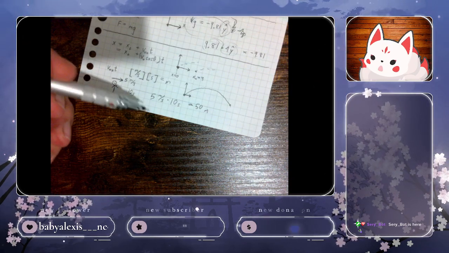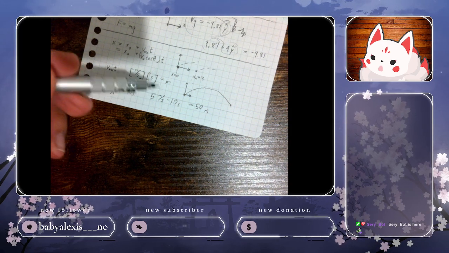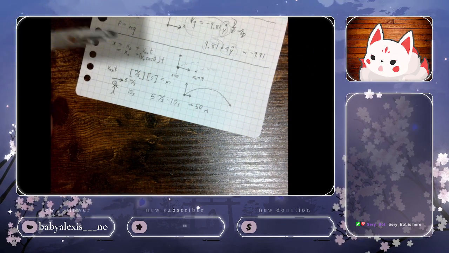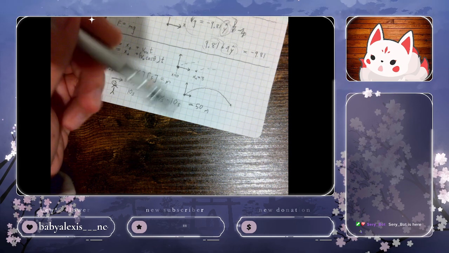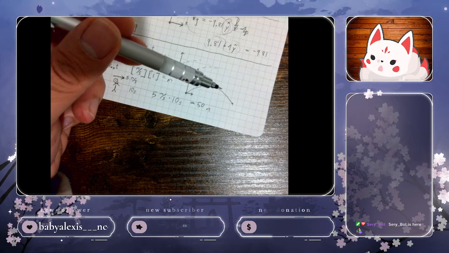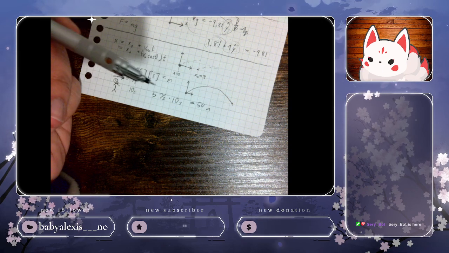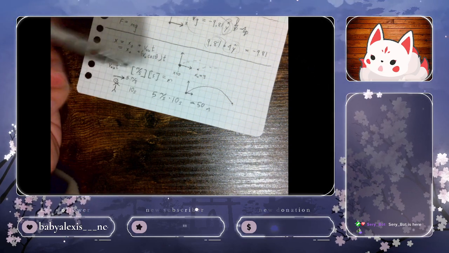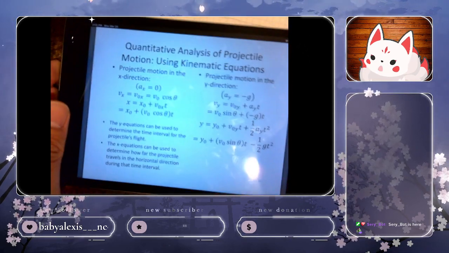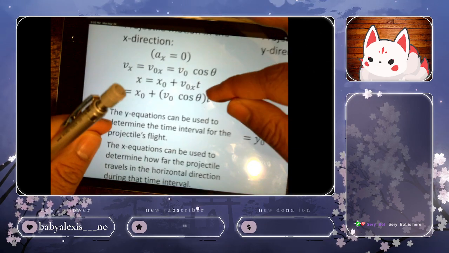It's the same thing, except that there's a movement up and down, but in this case it doesn't really affect the distance. You just need Vx. Okay, wow, that was a tangent.